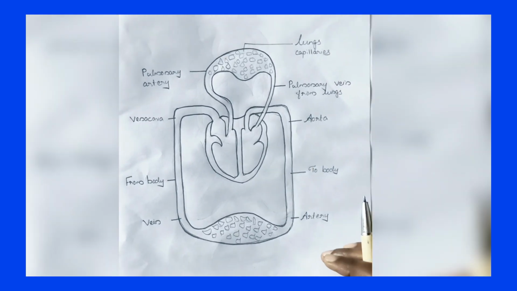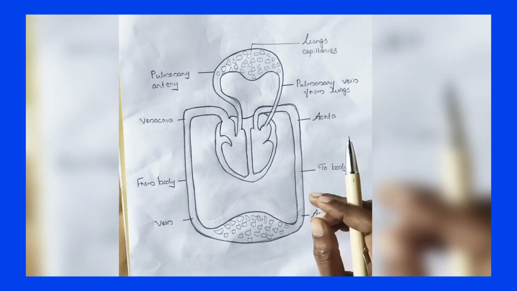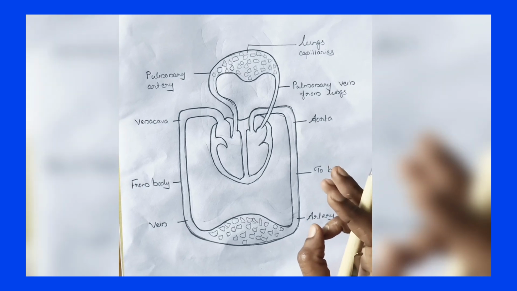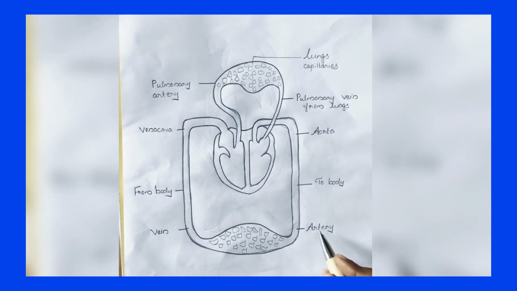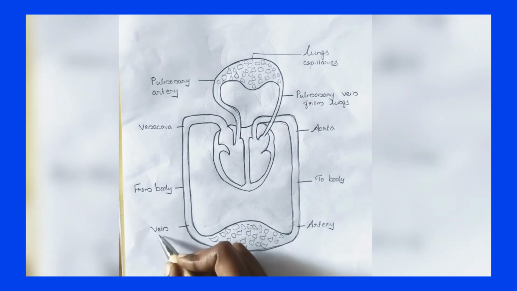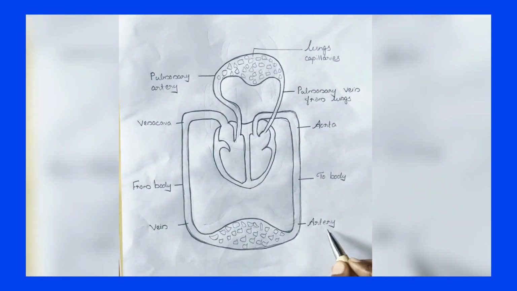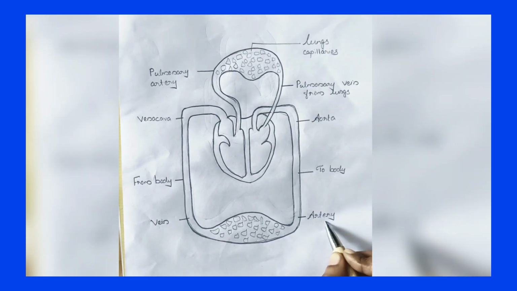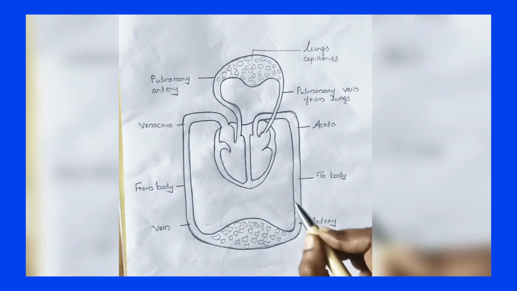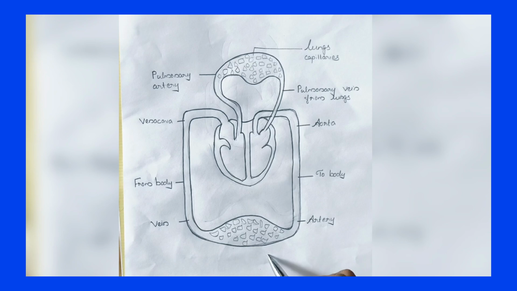So here you can see what the blood vessels are. This is one of the 3 marks questions. What are the different types of blood vessels? There are 3 different types of blood vessels, that is artery, vein and capillaries. Arteries are the blood vessels that always carry oxygenated blood from the heart to different parts of our body.